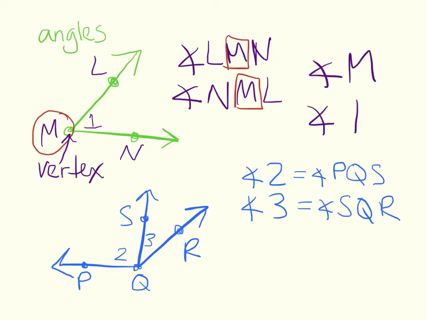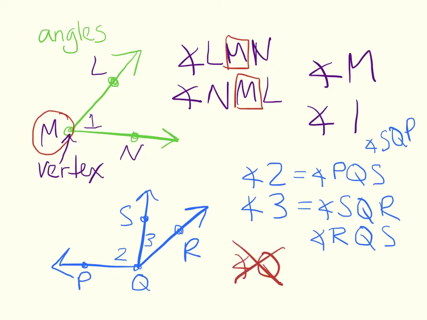Angle 3 could also be called angle RQS. Angle 2, sorry I'm running out of room, could also be SQP. What these could not be is angle Q. And the reason why is there's 3 angles that could be called angle Q. This angle, and that angle. So we would never call any angle here angle Q because it's just too confusing.